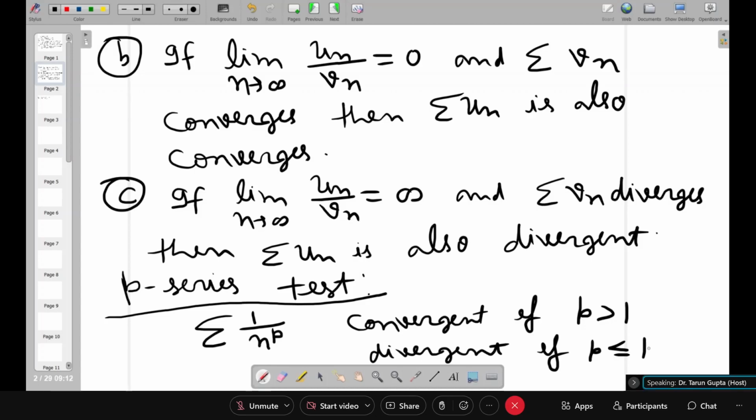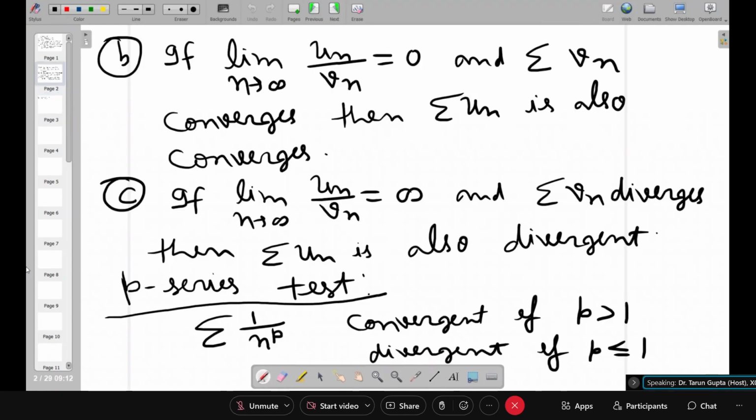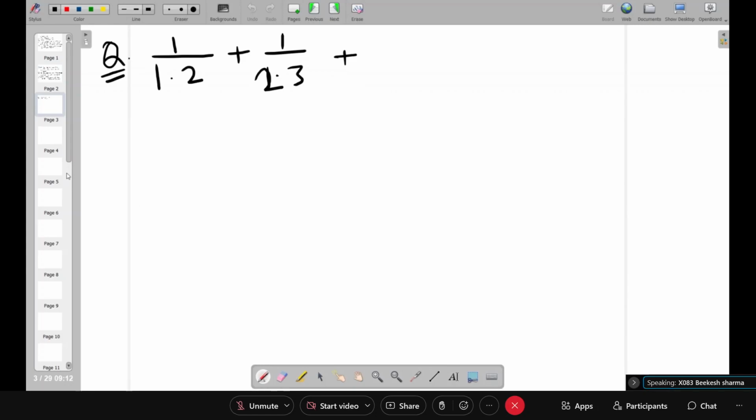This is the statement. No, this is divergent if p less than or equal to 1, and if p greater than 1, then this is convergent. This is the P series test. And p equal to 1, this is divergent.